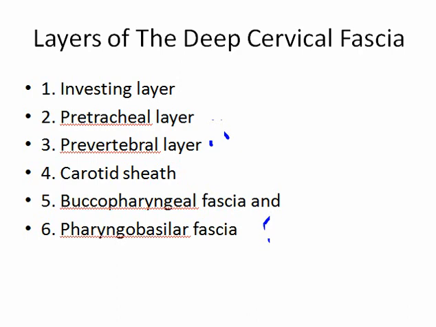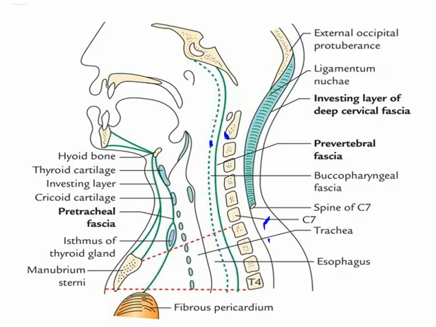Third is the prevertebral layer. Fourth is the carotid sheath, and next is the buccopharyngeal fascia, and the last one is the pharyngobasilar fascia. So all these are the layers of the deep cervical fascia. If we see this next slide, here we can see the different layers.